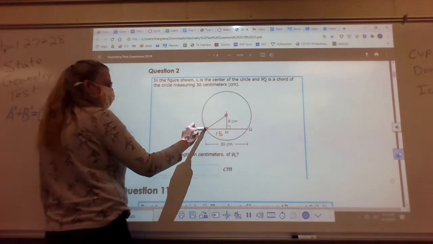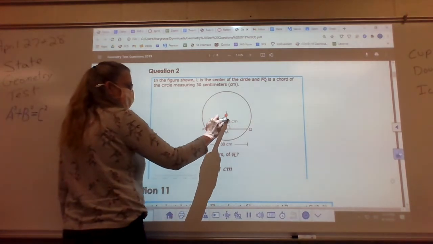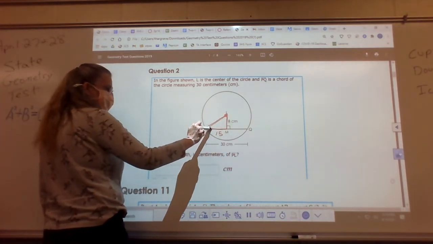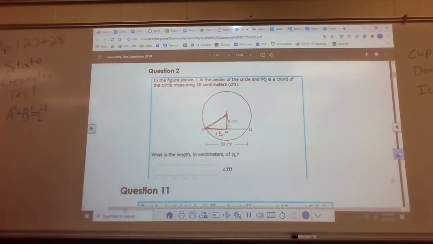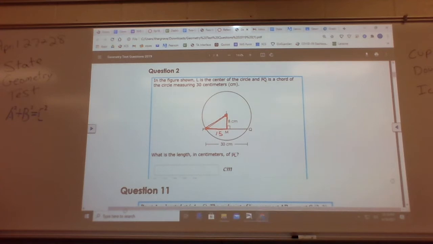Well, basically I've got a triangle here. And what type of triangle is this? It's a right triangle. And I know 2 of the 3 sides of a right triangle. So what am I going to use to find the third side of a right triangle? Come on, I said if there's anything at all that you've learned this year, it should be this one, because we've done it so many times.